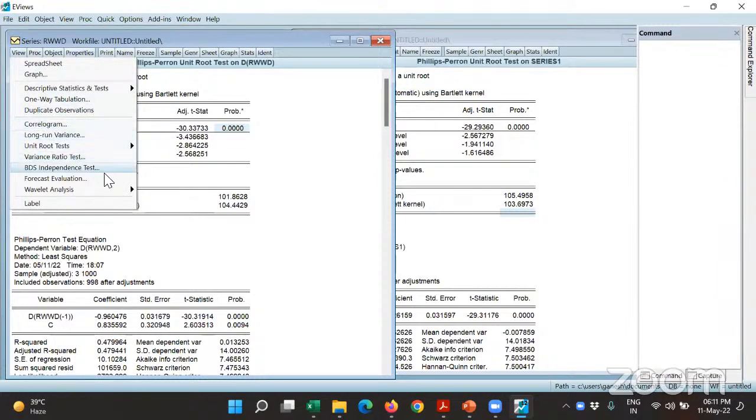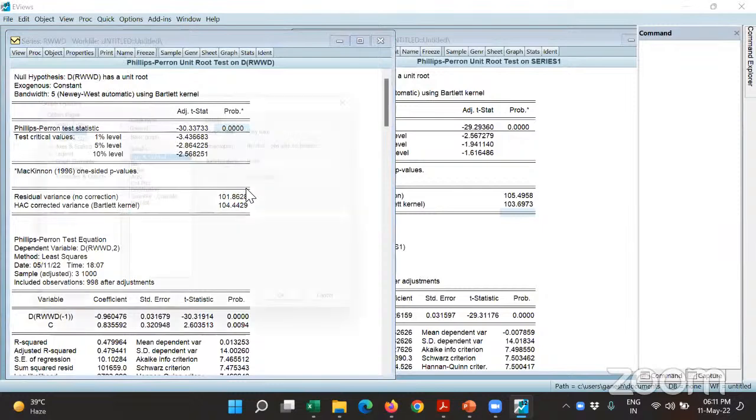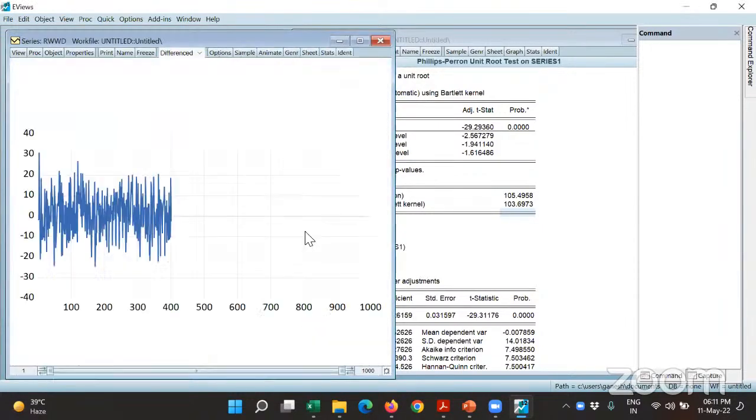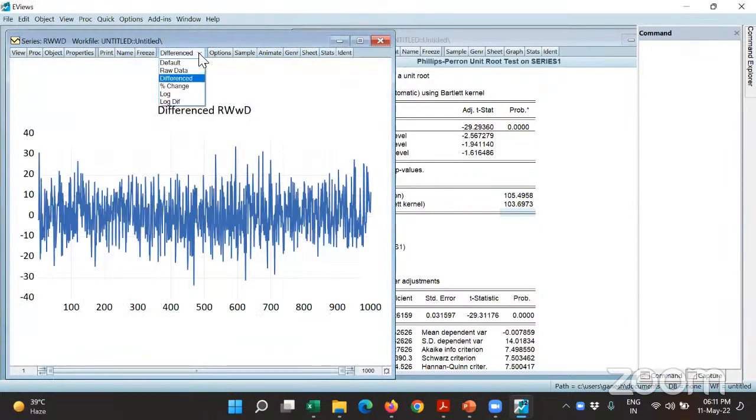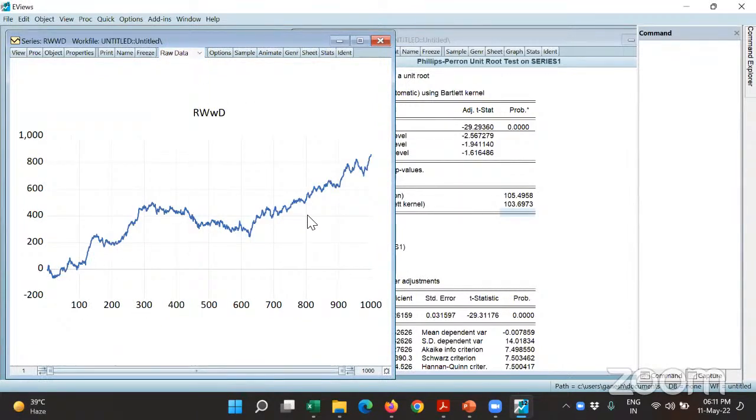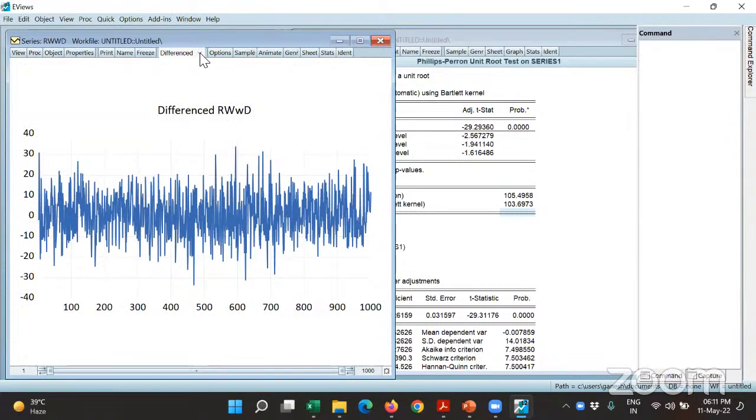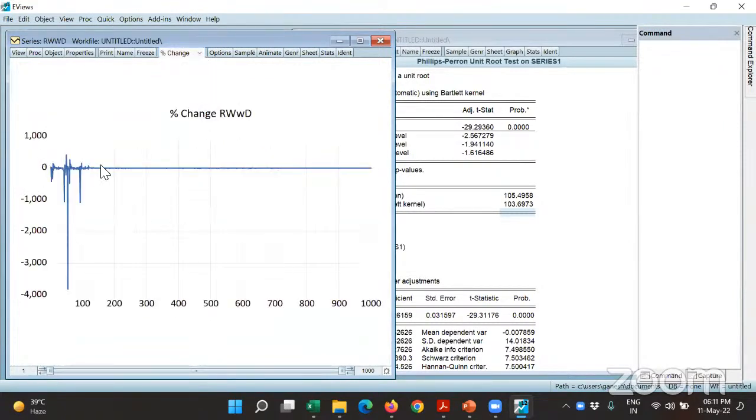So when you are trying to test the series, you don't just take the differenced data, but rather you have a choice here. You can take the raw data, which looks non-stationary. You have the differenced data as well, but you also have a choice of percentage change. You can have a view here.